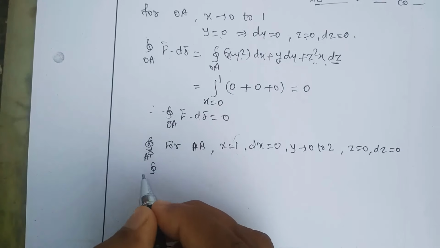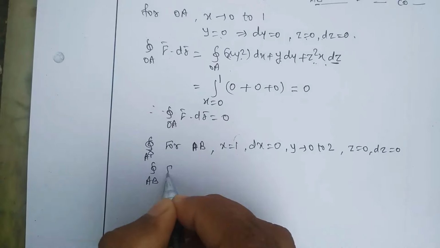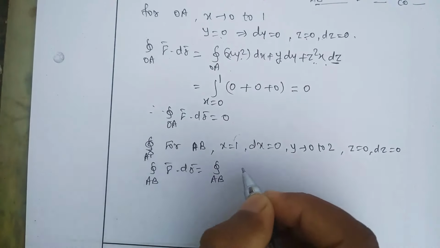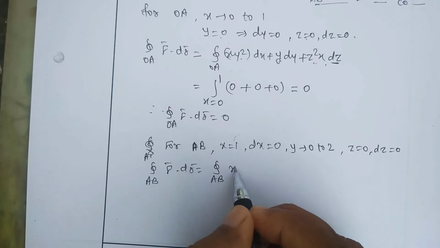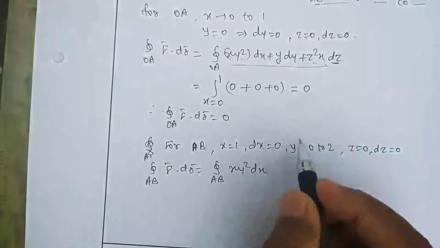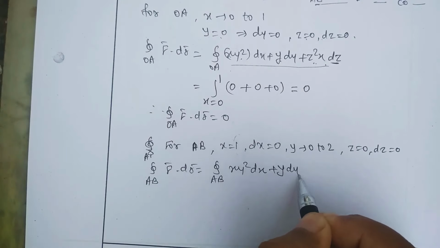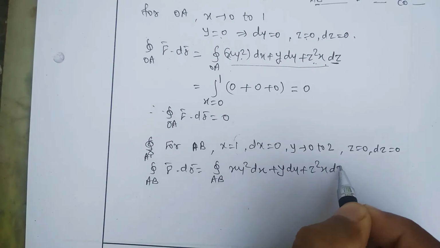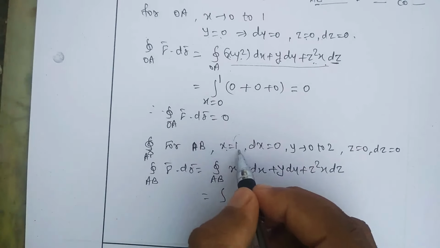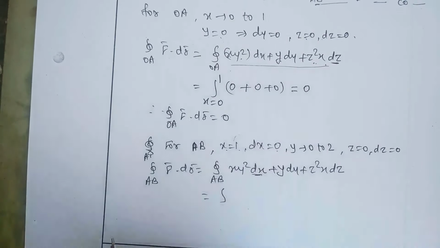Therefore, the closed integral over the line AB of f bar dot dr bar is xy square dx, that we already calculated here, plus y dy plus z square x dz. Now here x is equal to 1, the value of dx is 0, so the first term becomes 0.